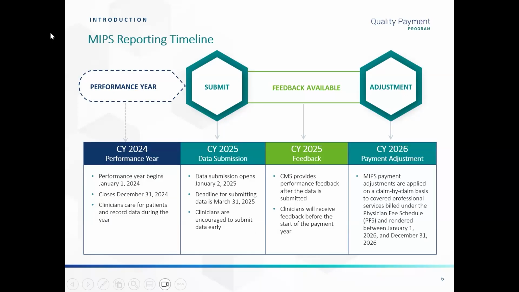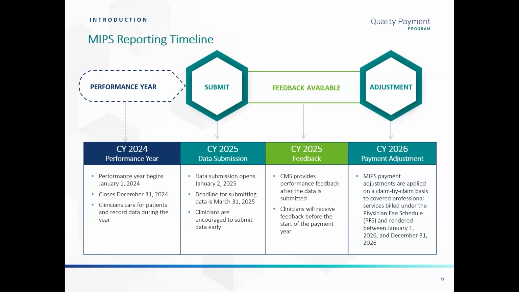In this slide, you'll see a diagram of the timeline for reporting to MIPS. So for calendar year 2024, you will report data for a performance period in the performance year between January 1st, 2024 and December 31st, 2024. In early calendar year 2025, you will submit MIPS data for the performance period in 2024.